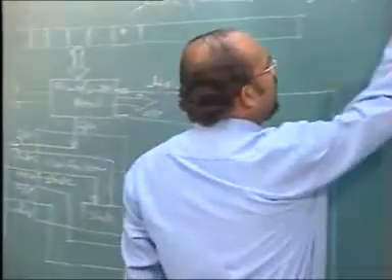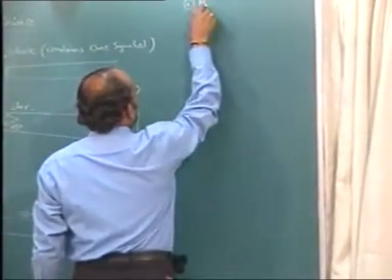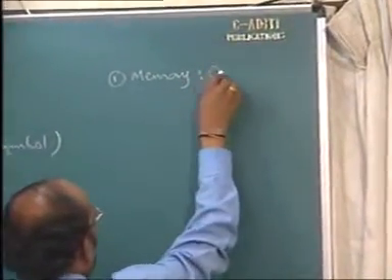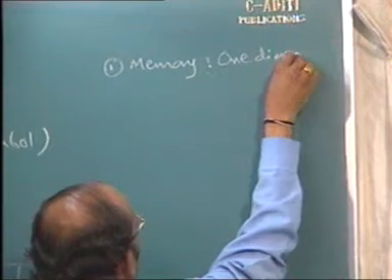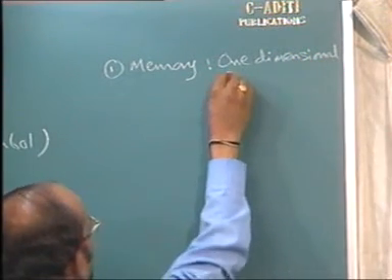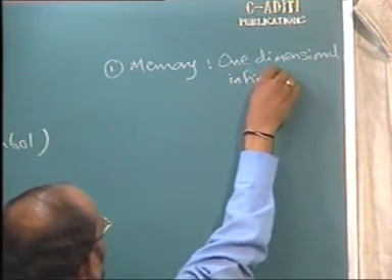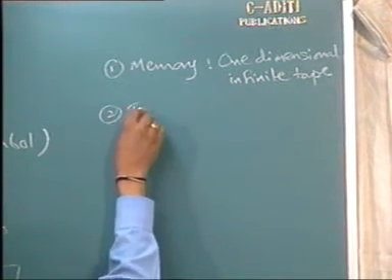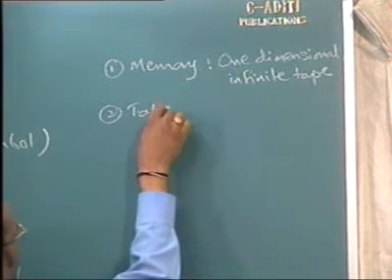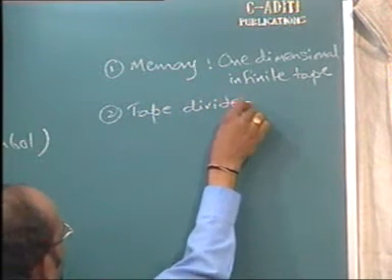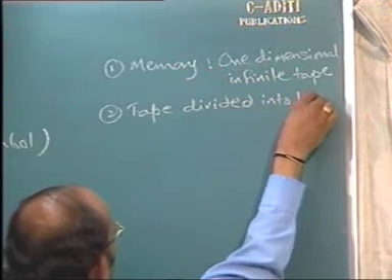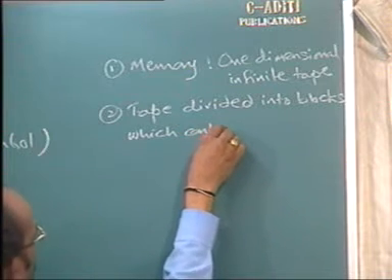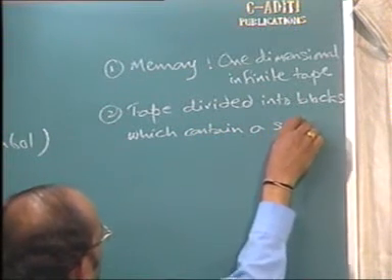So for Turing machine, we can note that it has memory in the form of one-dimensional infinite tape. Tape divided into blocks, which contain a symbol at a time.